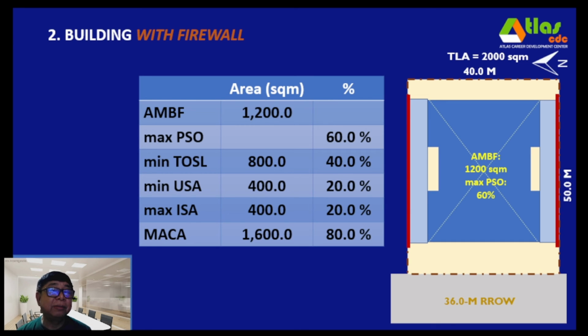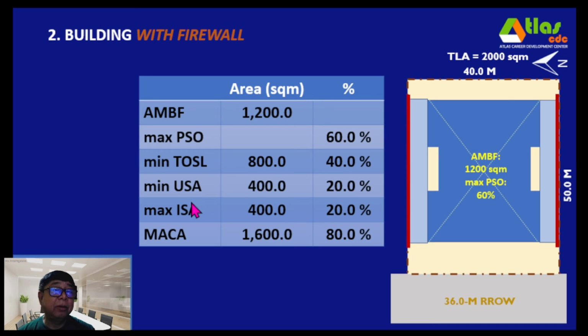AMBF is 1,200, maximum PSO is 60% based on table 8.1. Our minimum TOSL is 800 square meters, or 40%. So nag-jibe yung dalawa for a total of 100%. No? And our minimum USA, this one, 40%, is also the same as the one in table 8.1.